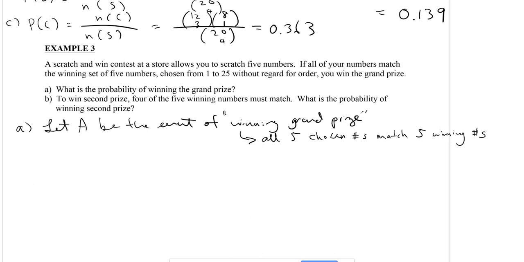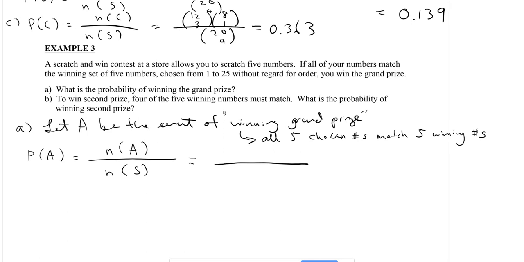So to get the probability of A, I need to find the number of desired outcomes that can happen and divide that by all the outcomes. I always start at the bottom because that's the easier part.